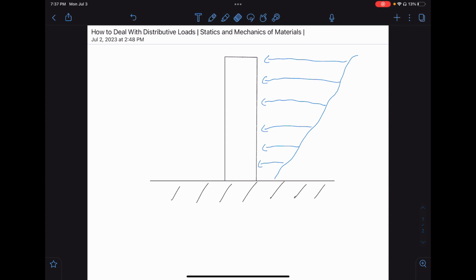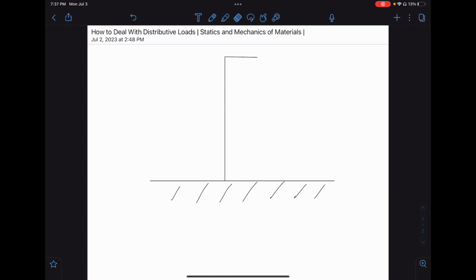Now, we are not going to deal with problems like this, at least right now. Problems that you're going to see are going to have distributive loadings that are in shapes that are easy to handle. Taking a long integral is not going to be something you're going to need to do in this. You're going to have distributive loadings that look like rectangles and triangles.